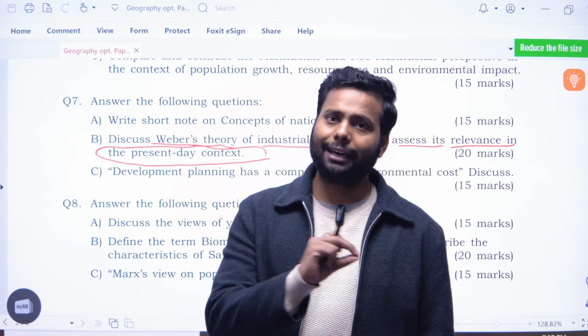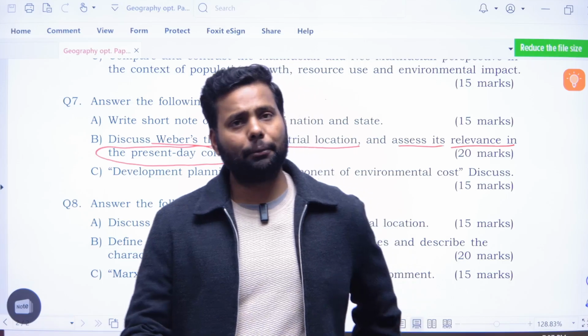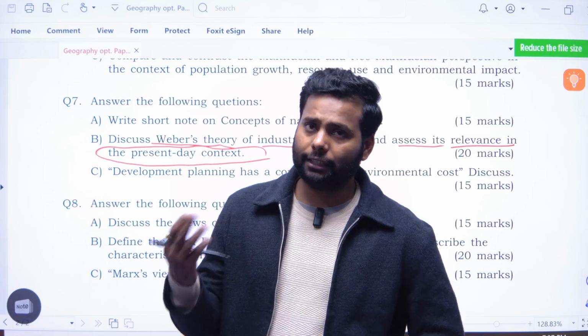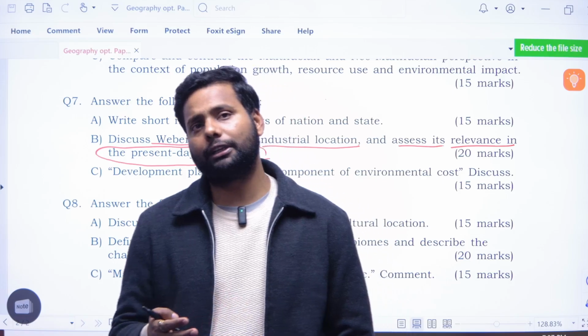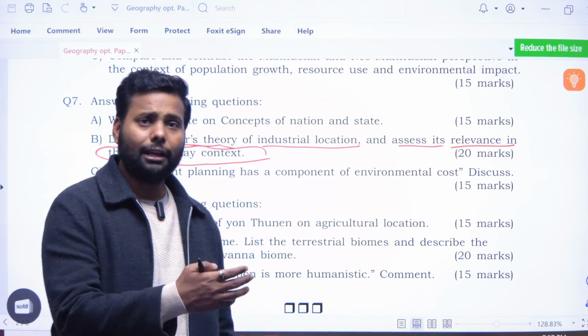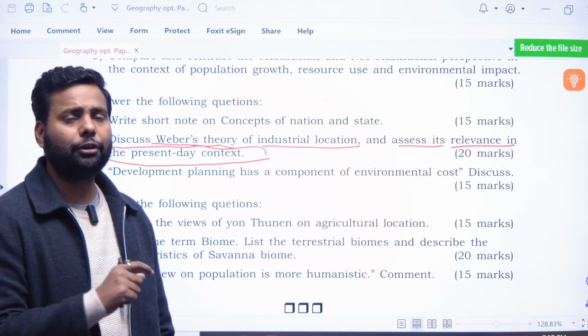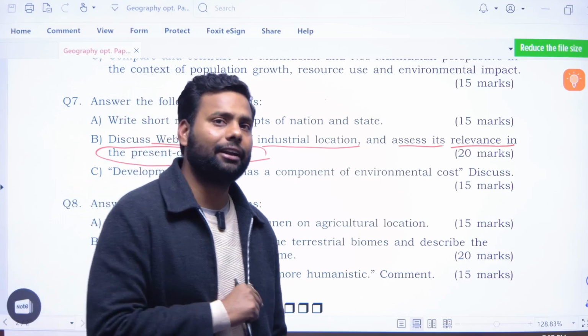But if the market is single and the raw material is two, then you always have to assess the position of the raw materials. Either the raw materials are ubiquitous, found everywhere, or the raw materials are found only in a particular location, like iron ore.